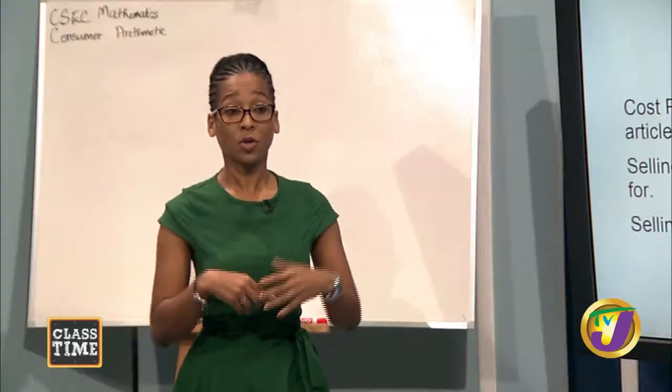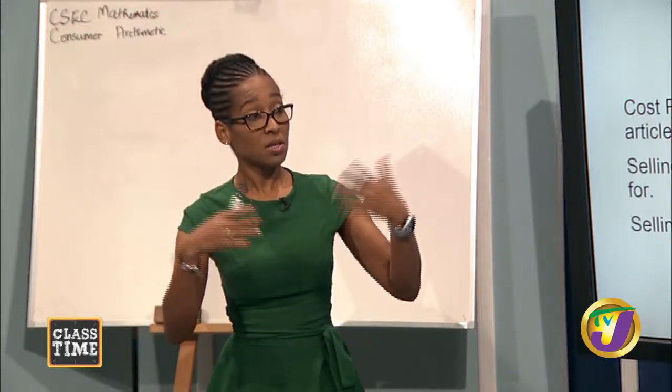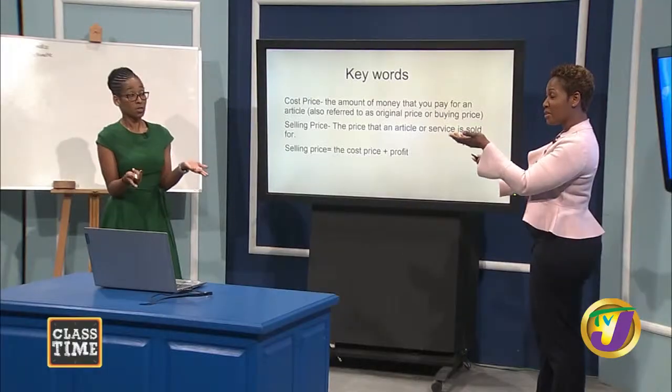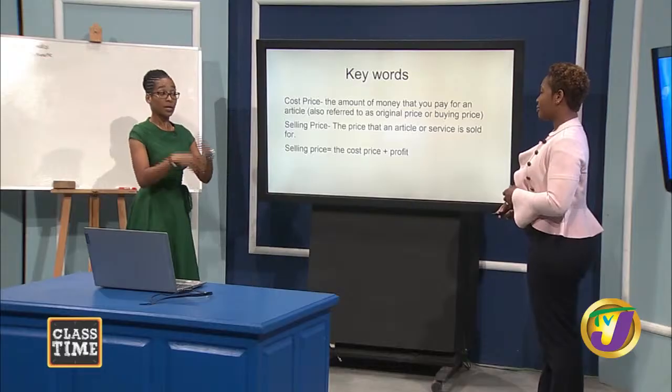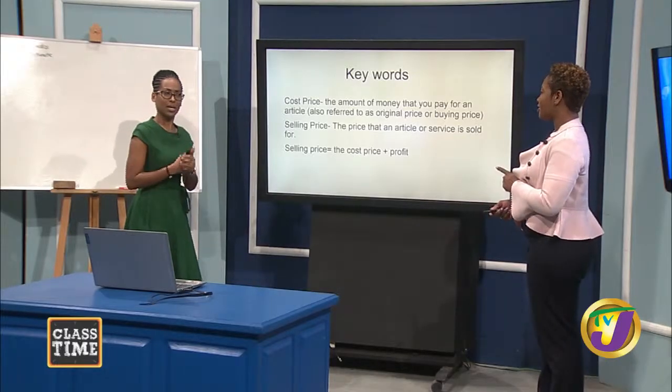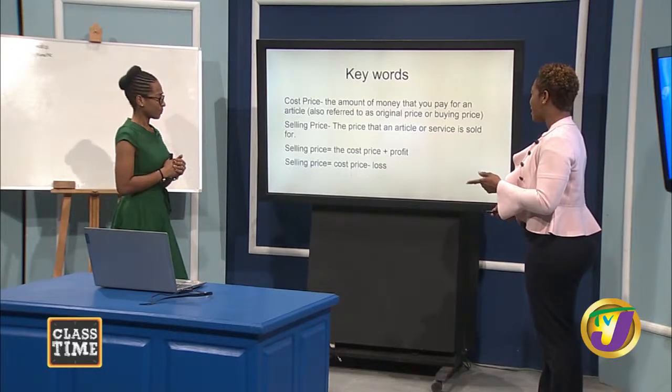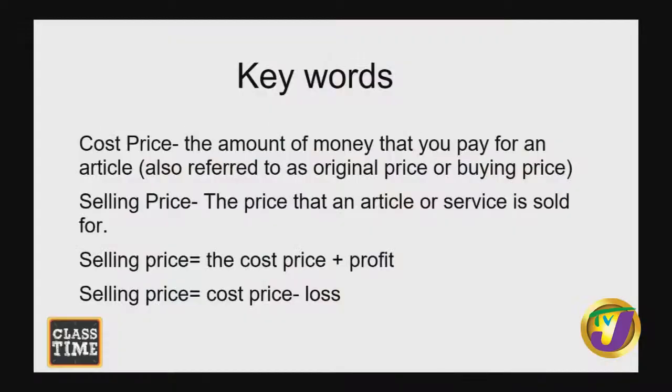No, because sometimes you hear of businesses closing, bankruptcy, closing down, and they're just selling out, clearance sale. So there are times when the selling price includes a loss. When the cost price subtracts a loss, we still have a selling price.